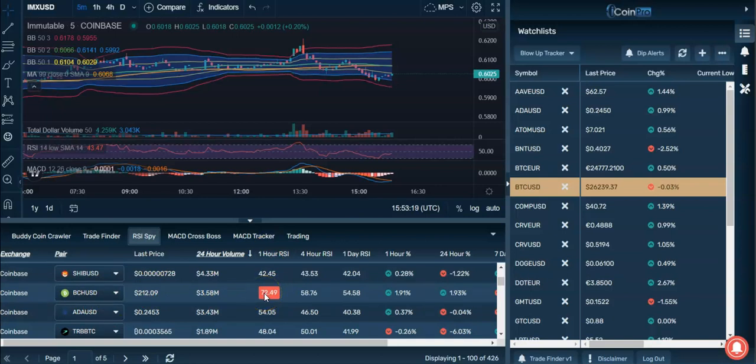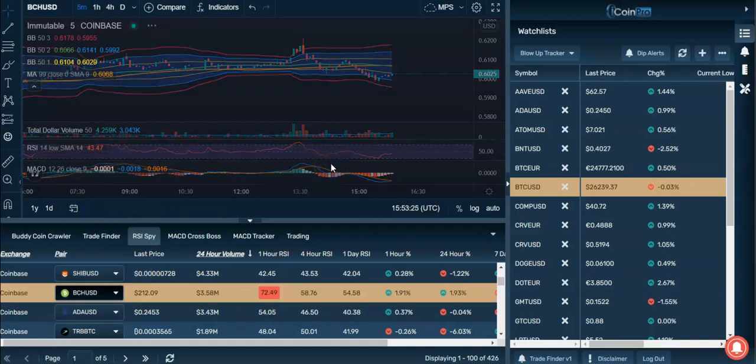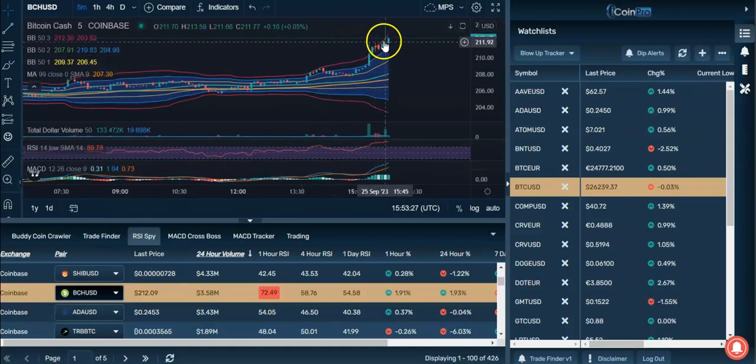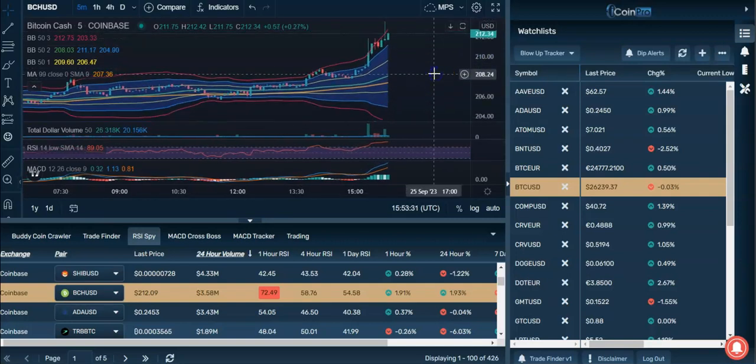It's a really high RSI, which means the market has probably gone up. So let me look right here. Look, the market's gone up, right? So it would actually be a good idea to grab my phone and short Bitcoin Cash, okay?